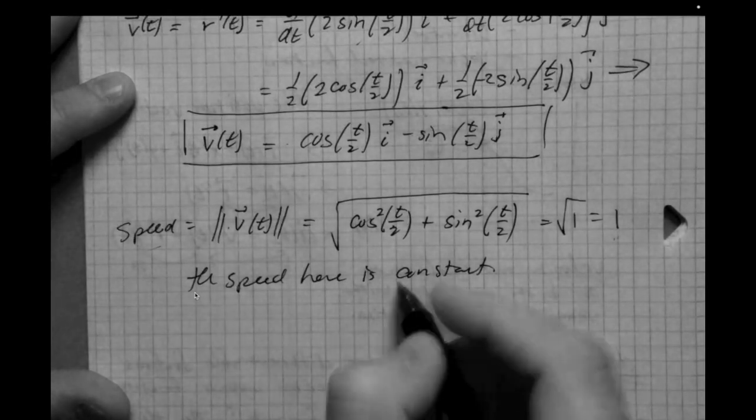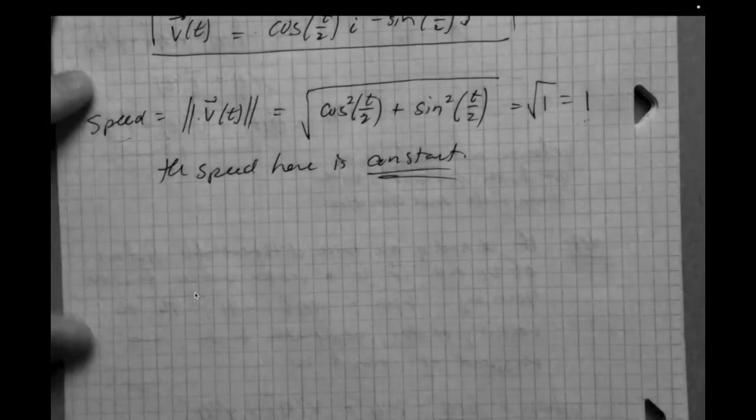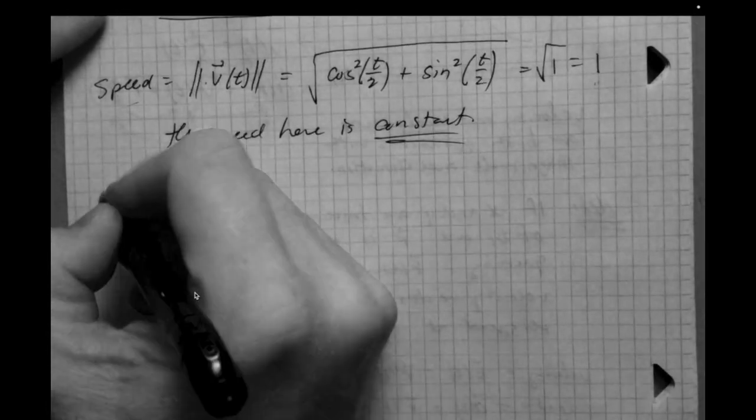So the speed here is constant. This particle that's moving has a constant speed. Its velocity is not constant, but its speed is. So its speed is always the same, but its direction may be changing. Okay. All right. What about the acceleration?